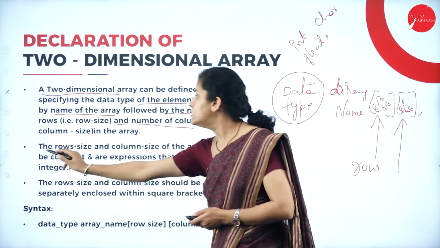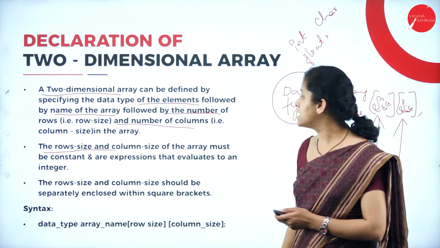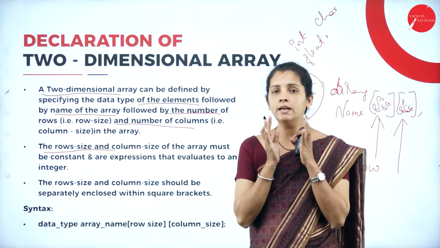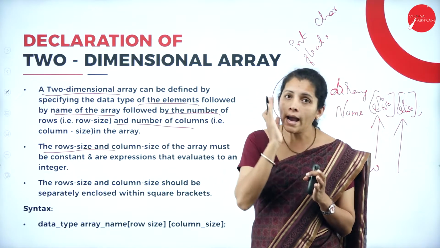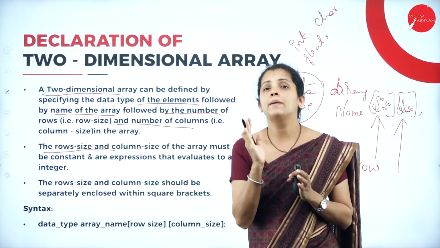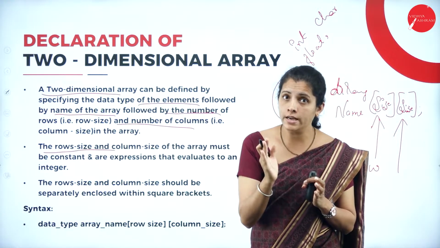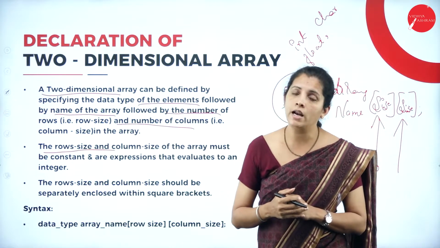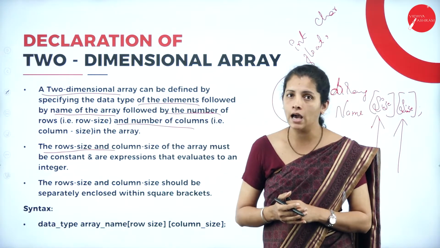Here the row size and column size of the array must be constant. So, dear student, please remember, while defining an array, the size of the array must be constant. It may be a one-dimensional array, two-dimensional array, or n-dimensional array.